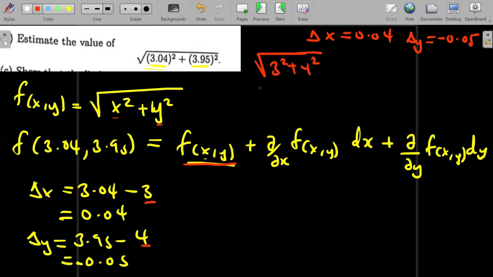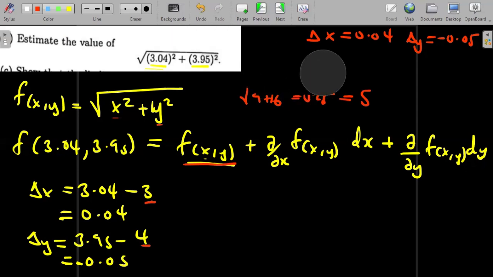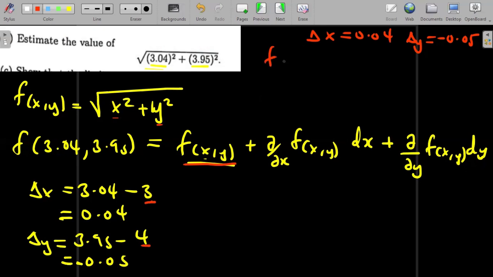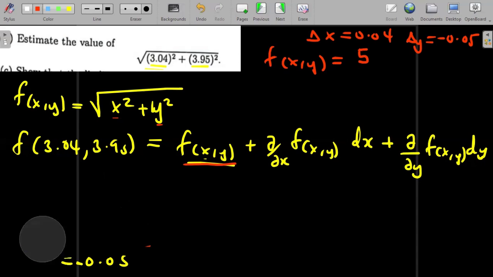This is going to be 9 plus 16, which gives you root of 25, which is just equal to 5. So I can write here that my f(x, y), already evaluated at the points, is going to give me 5.